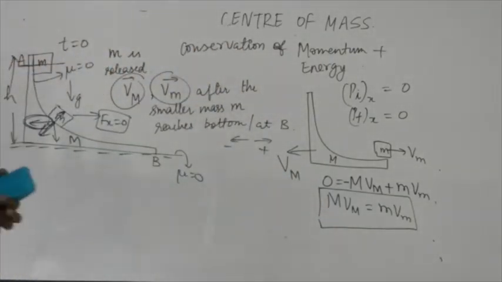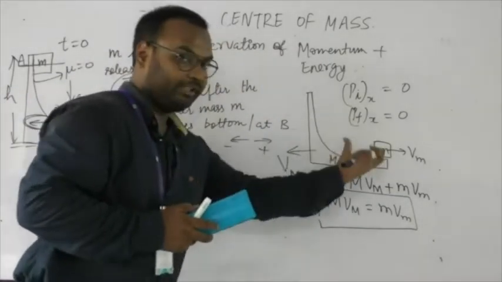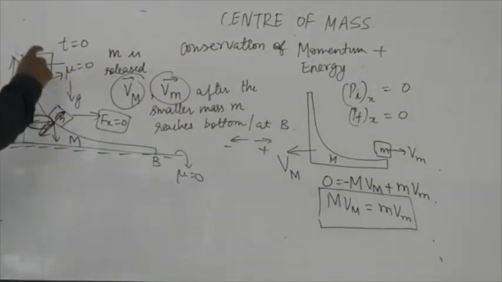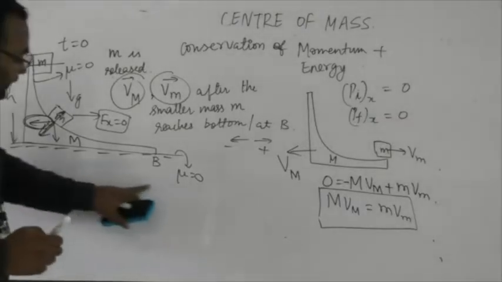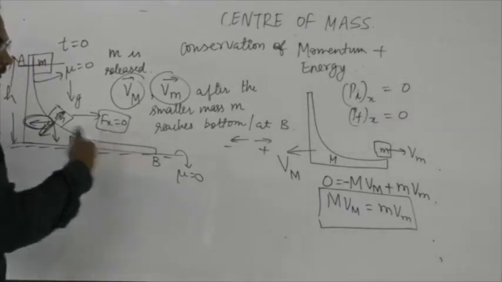Now the velocities come into the picture only because there is a loss of potential energy of this small mass m. That means you can also write this in the form of energy conservation.